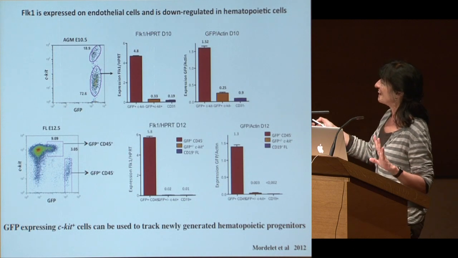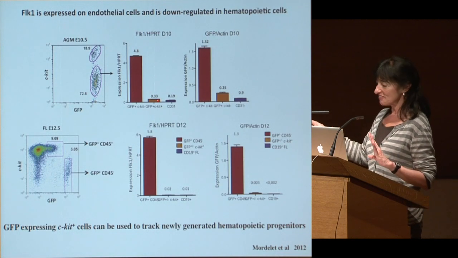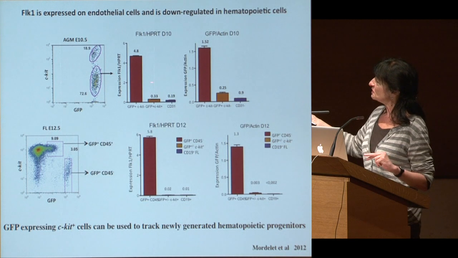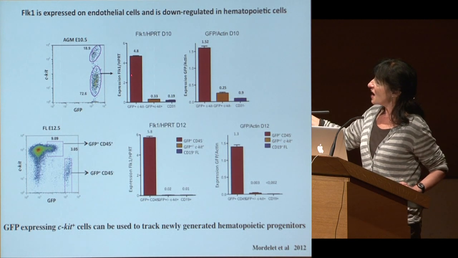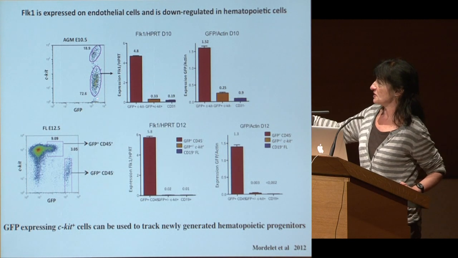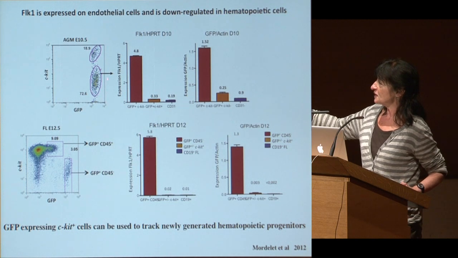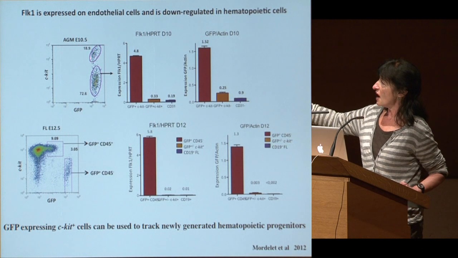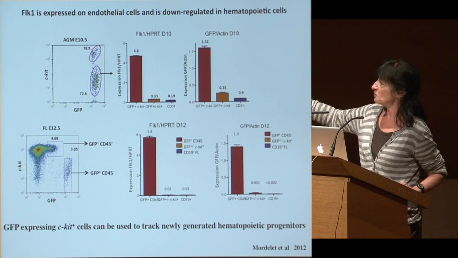Whatever that means. All right, so what I'm going to show you now is that very highly expressing GFP cells, as I told you, can be subdivided into KIT negative and KIT positive. Those are the first hematopoietic progenitors. Those are the endothelial cells.